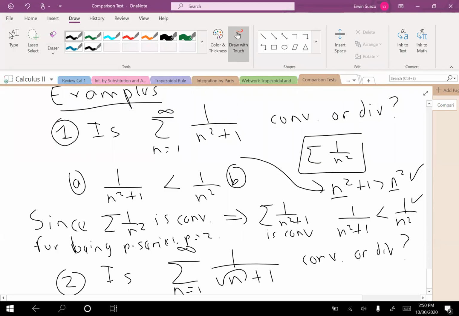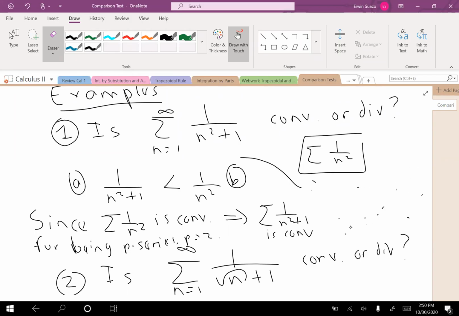Let me erase this. This is convergent by the comparison test. Okay? So by comparison test, this is going to be convergent.